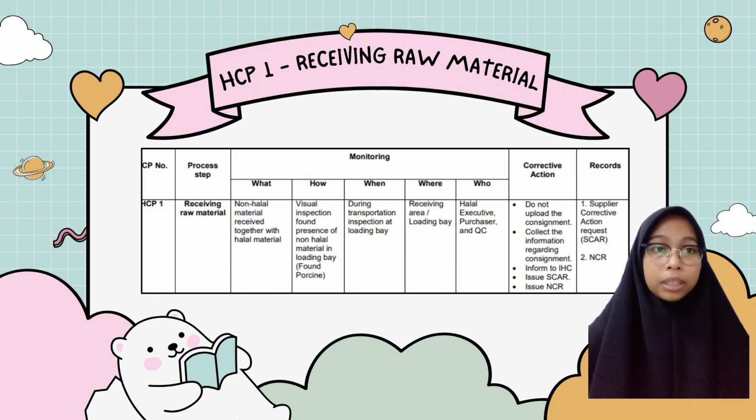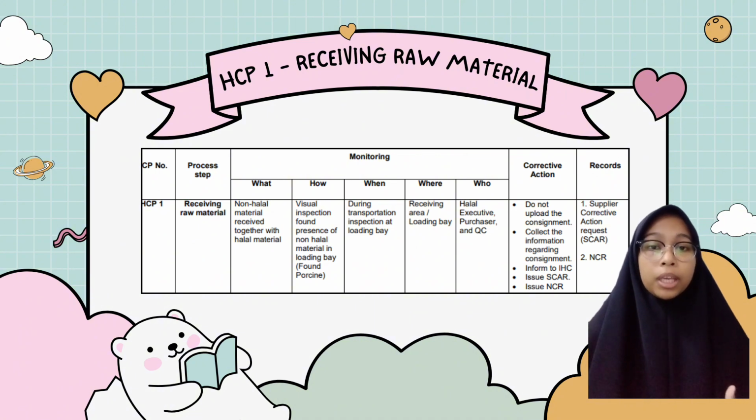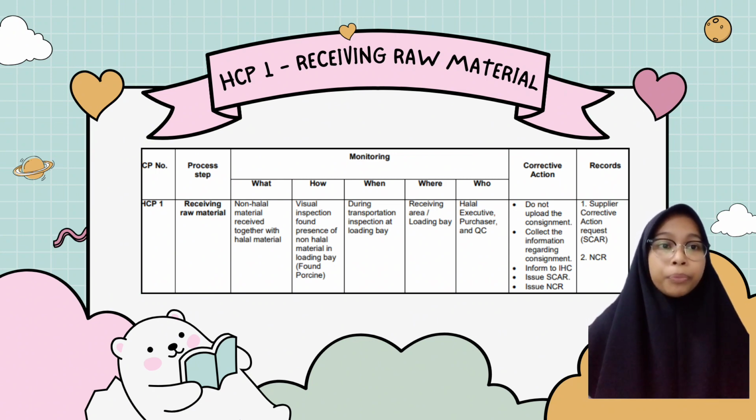How do we identify the parameter? We identify the parameter by visual inspection. Found presence of non-halal material in loading bay. We found porcine. And we identify the parameter during the transportation inspection at loading bay.